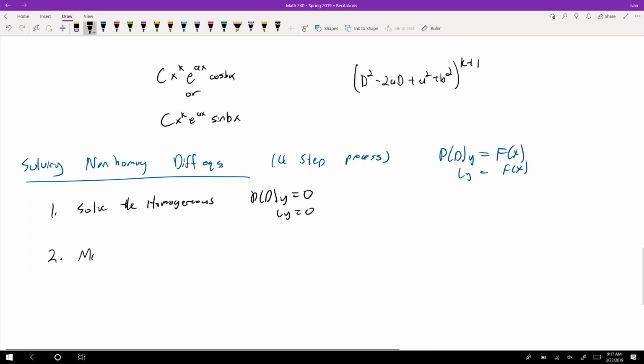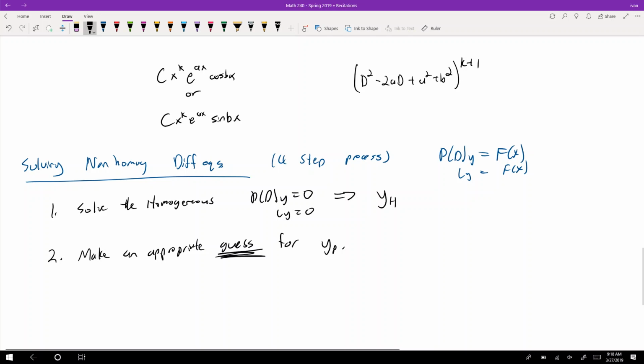Okay? The second step is to make an appropriate guess for yp, right? Because the homogeneous gets you the YH homogeneous solution. So now we need a guess for yp, okay? And this kind of feels really bad when you start doing it for the first time, because we're literally just guessing solutions.